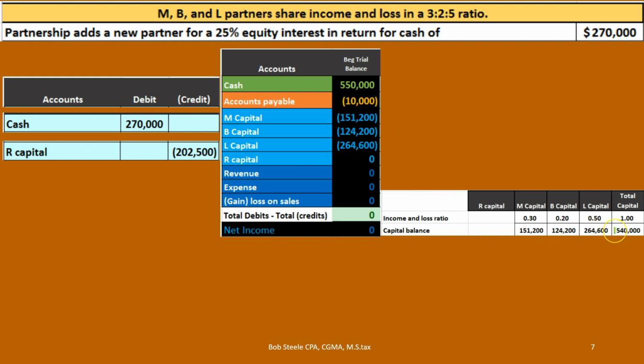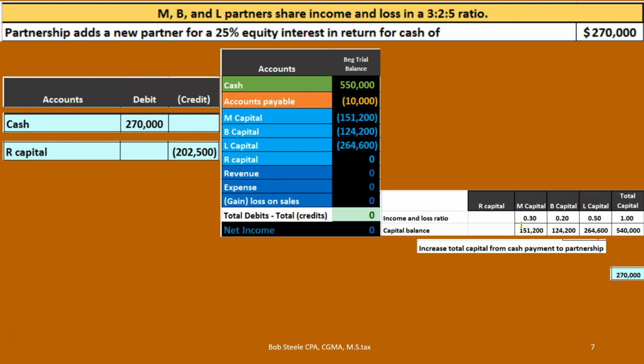Note the capital account balance of 540 is equal to the book value of the company, being the assets minus the liabilities. Assets minus liabilities, 540. That's the book value of the company that is allocated to the partners in this way. And note again that the reason we can do this is because we have closed out the revenue and expenses. So this is a post-closing trial balance. This is basically the balance sheet accounts that we're looking at.